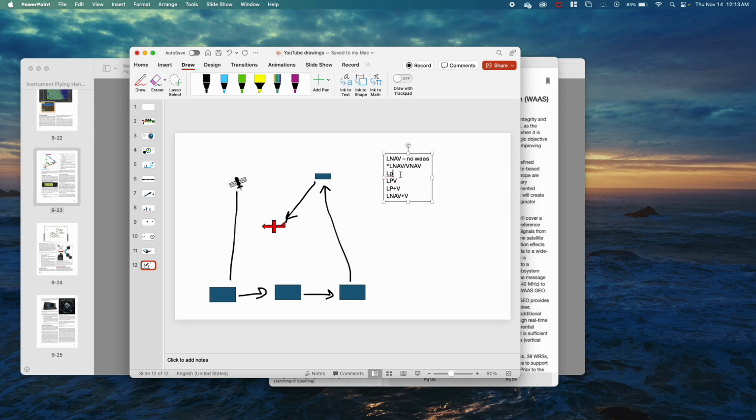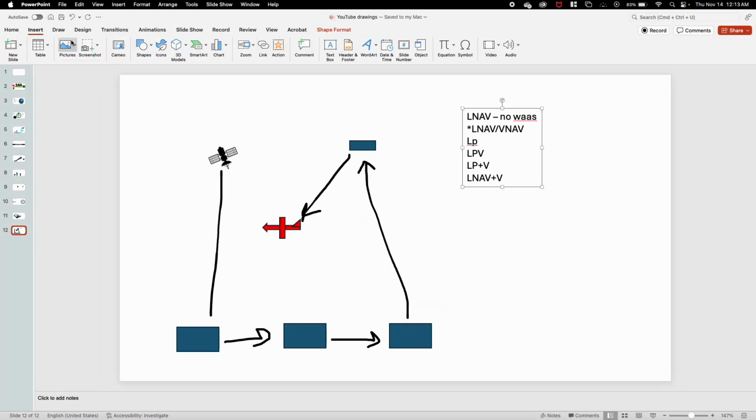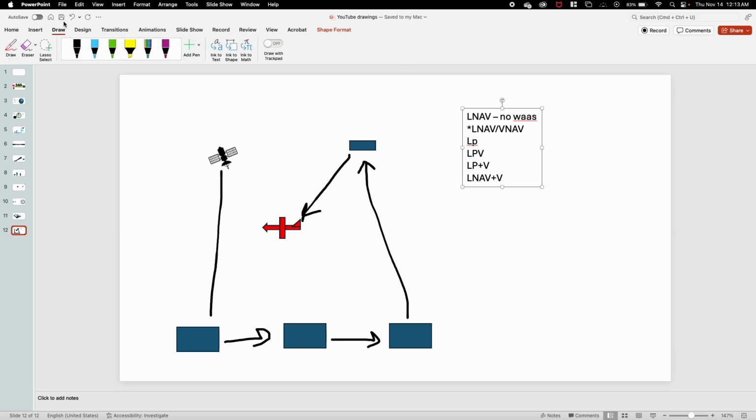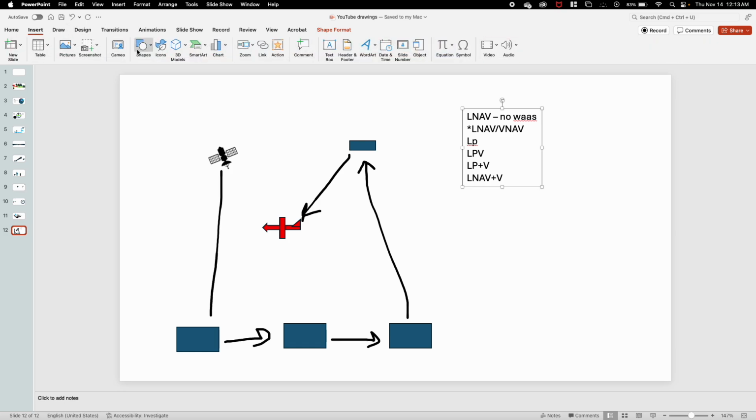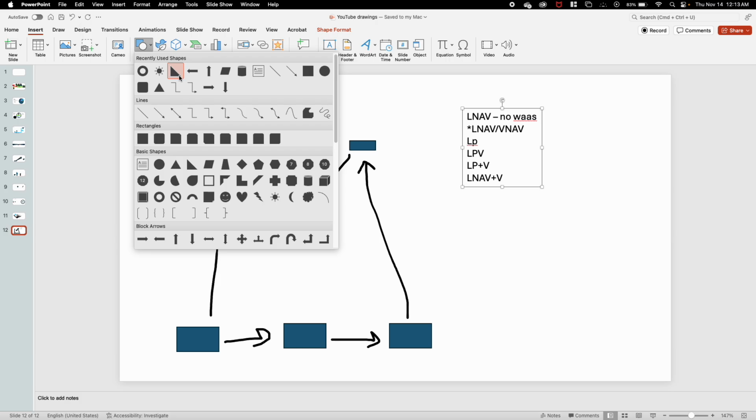So with WAAS, if you remember this GPS scaling, going from 2 to 1 to 0.3, right? LP acts like a localizer. What that means is the closer you get to the runway, the more sensitive the GPS gets.